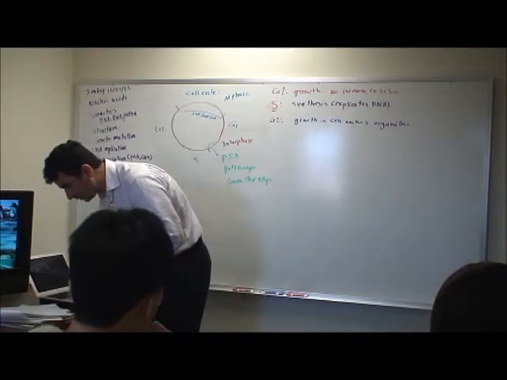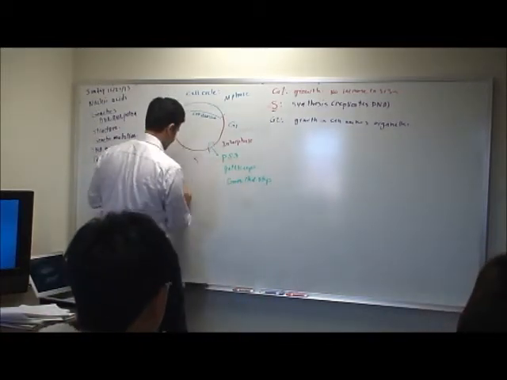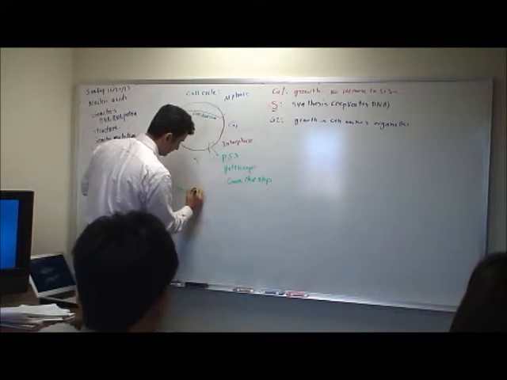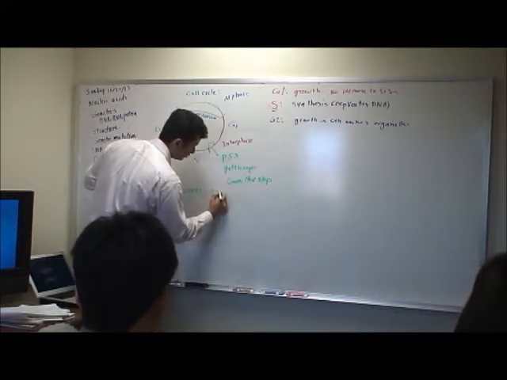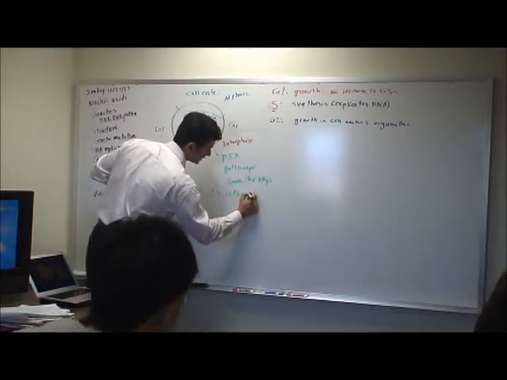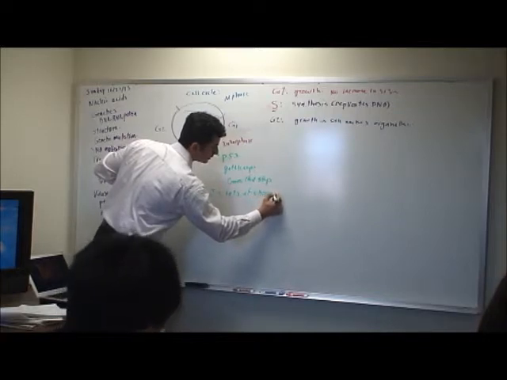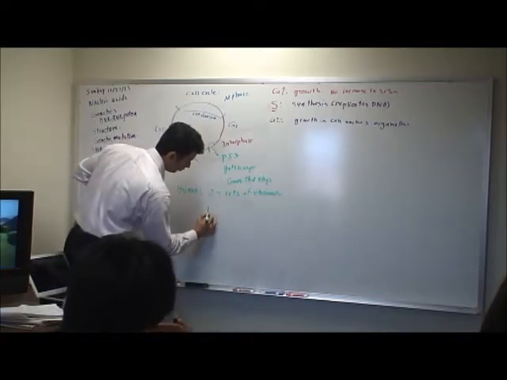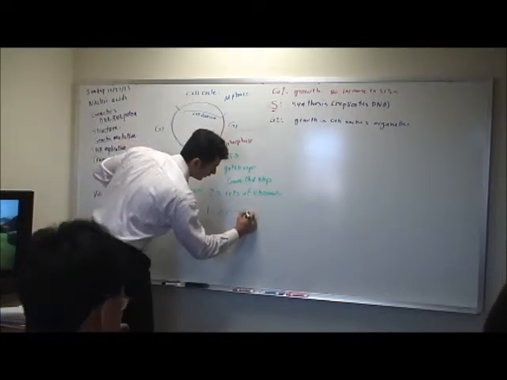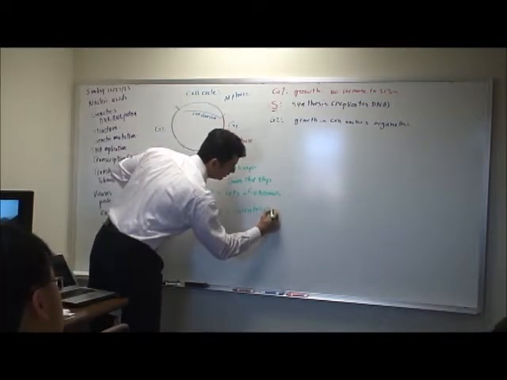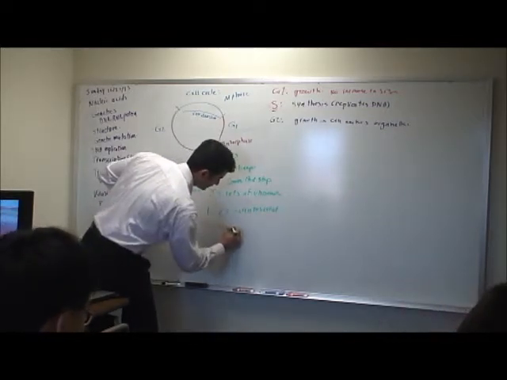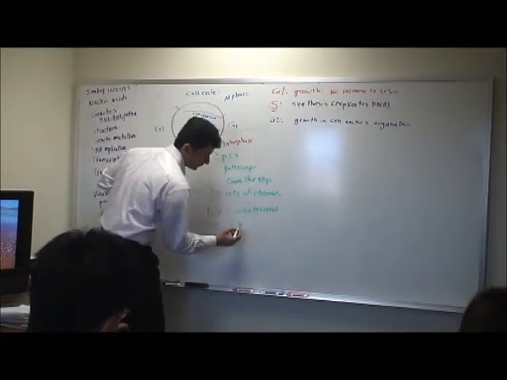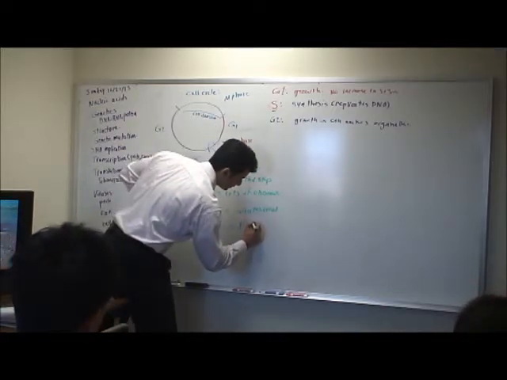Humans, how many sets of chromosomes do we have? 23. Humans have 23 pairs of chromosomes. From 1 to 22, they call them autosomal, and 23 is called the X chromosome or sex chromosome.